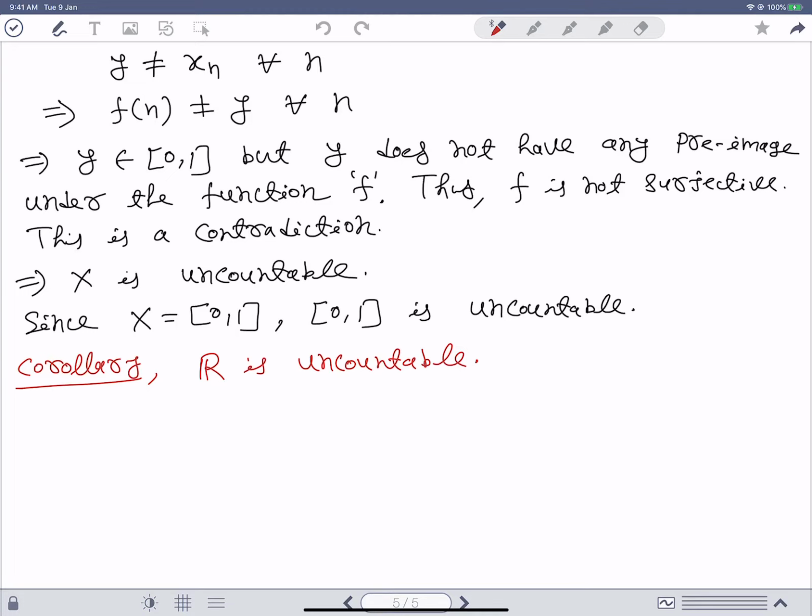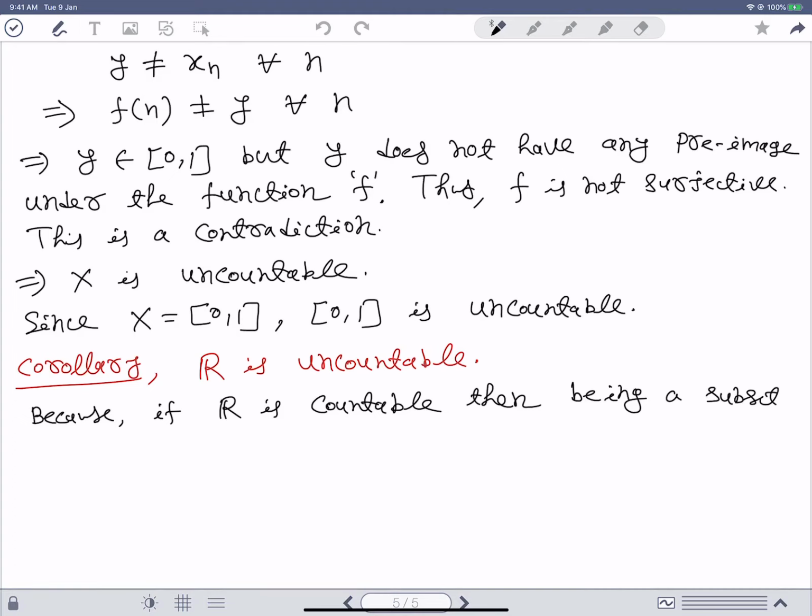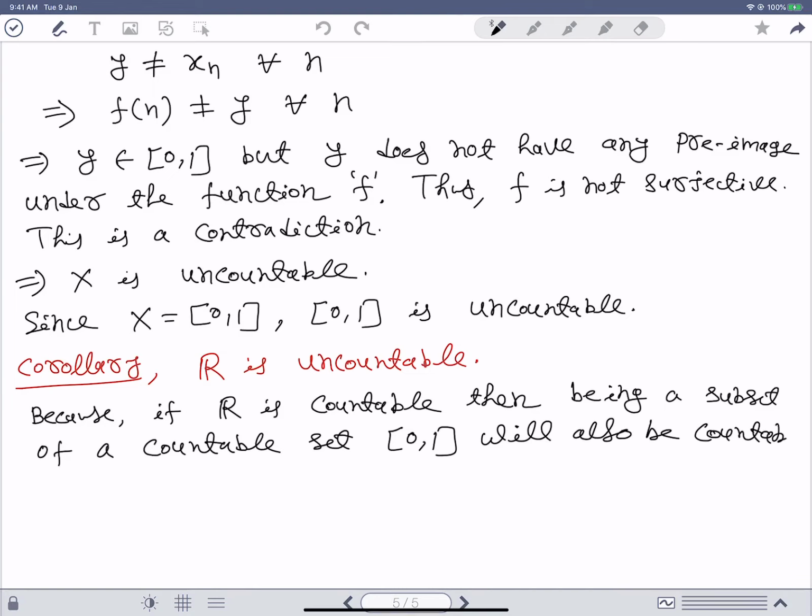Because if R is countable, then the closed interval 0, 1 being a subset of a countable set should also be countable, right?